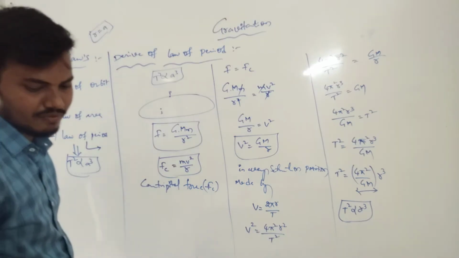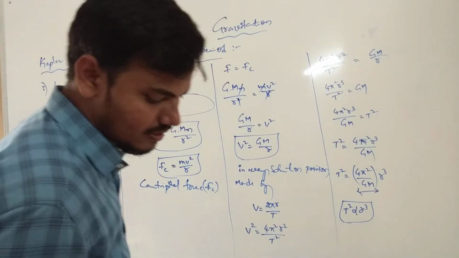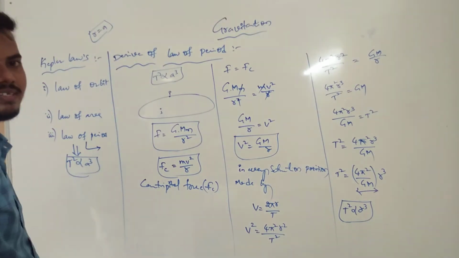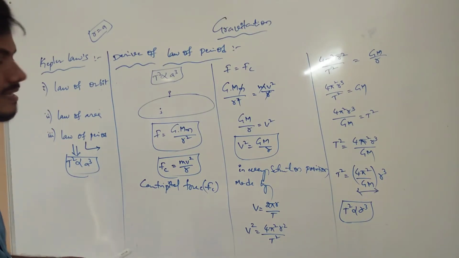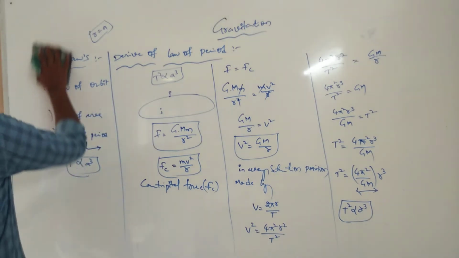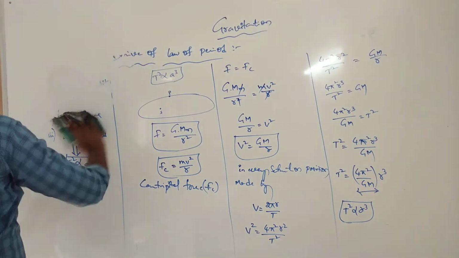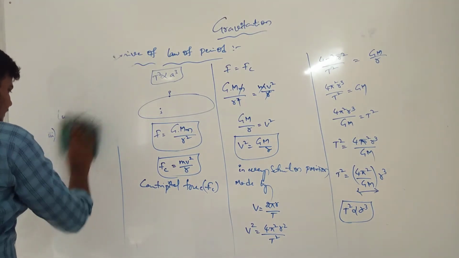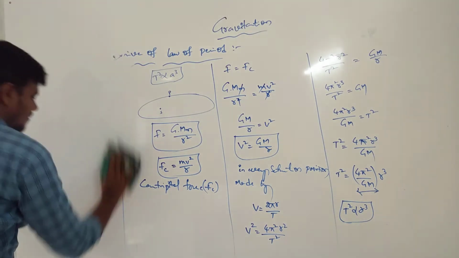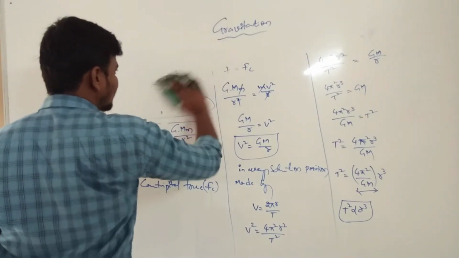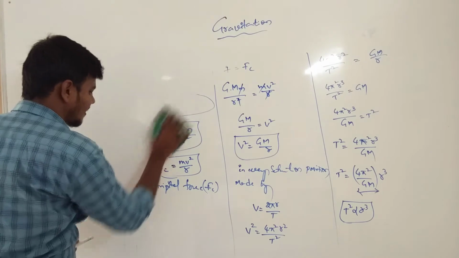Now, very important for the exam options. Next we are going to escape velocity. What is escape velocity? Escape velocity represents when a planet or an orbiting body escapes from the gravitational field.